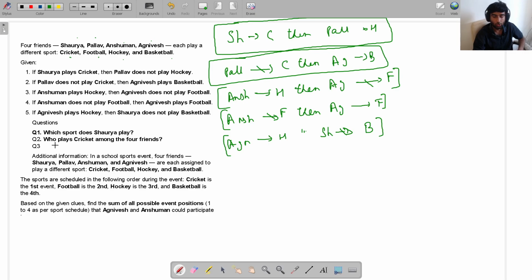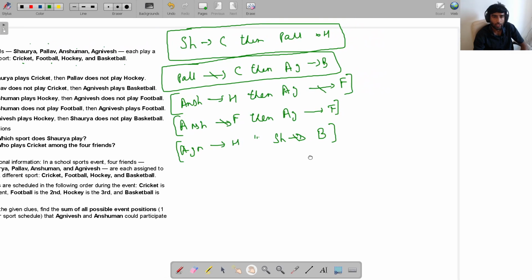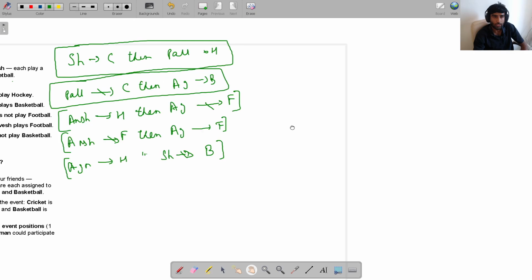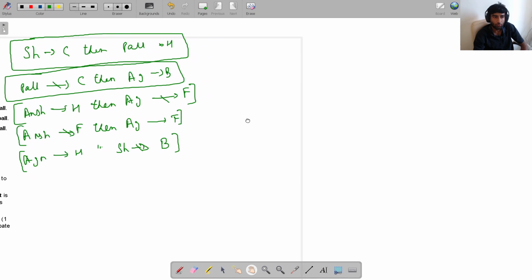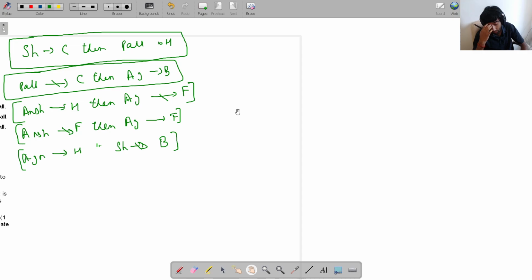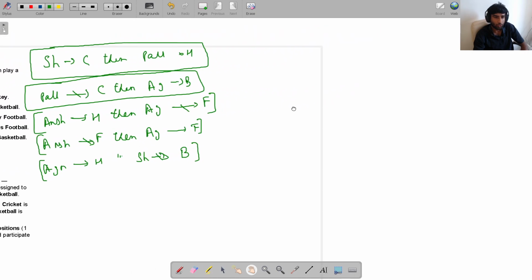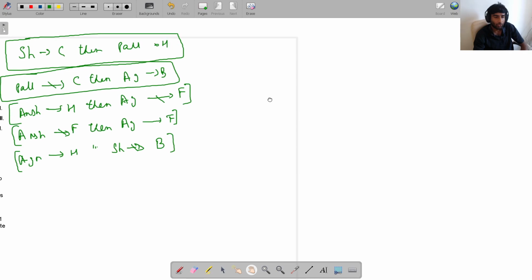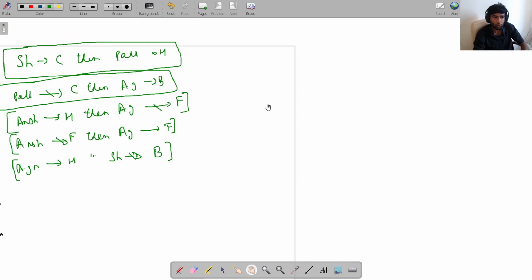Pretty interesting set, to be honest, because we are not given specific direct clues. We are given some direct clues, but the set actually wants us to start to use this information which is given to us. I'm going to hide my clues because I've stored everything in my solving sheet. I don't need my questions until I have come to a conclusion to my set.